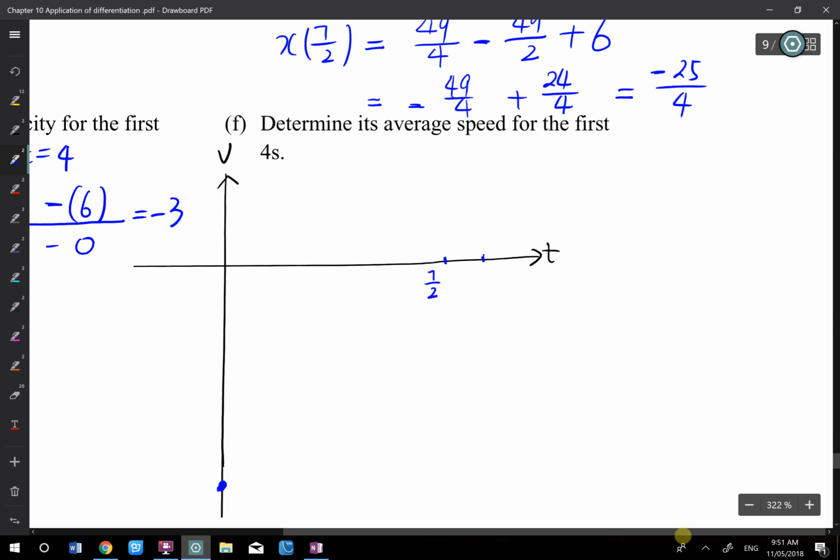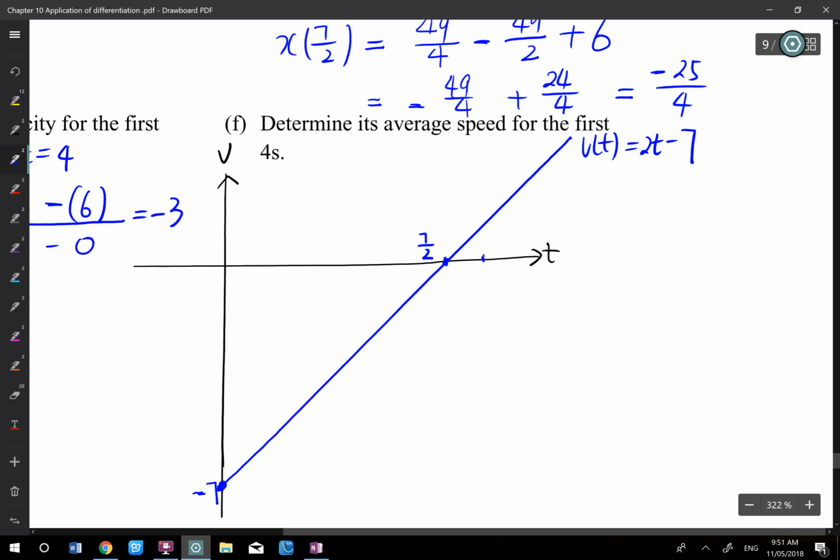We worked that out in the previous two questions, and we draw the line here. That is the vt graph, so v equals 2t minus 7. Also, I know here is minus 7. This is 7 over 2.